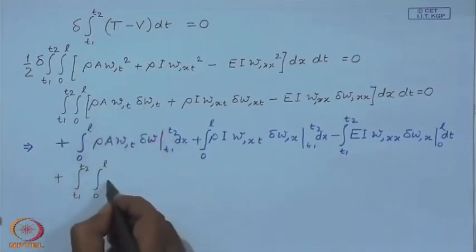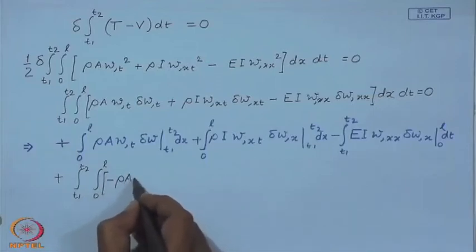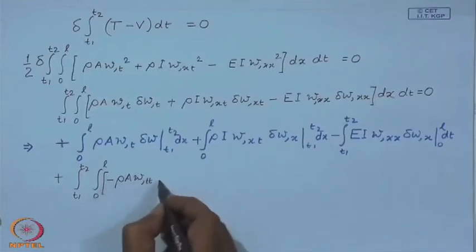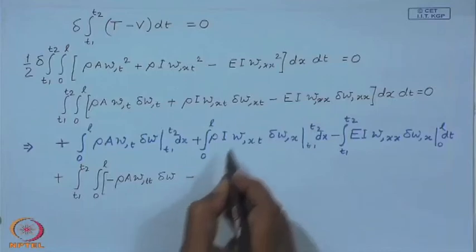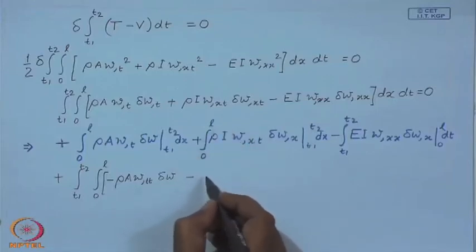So, this will get a derivative with respect to time with a negative sign. This will get similarly.